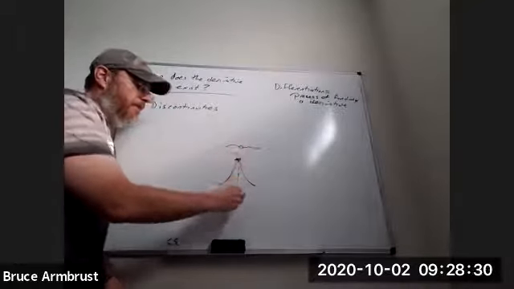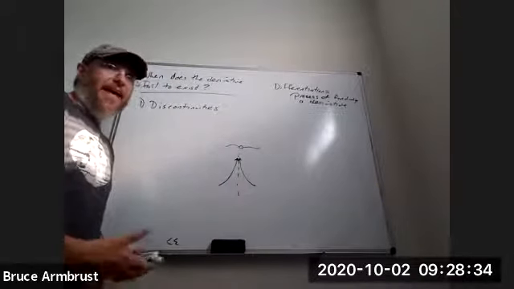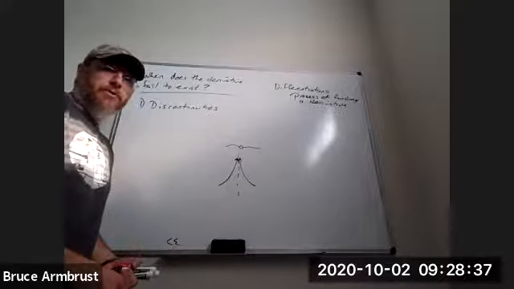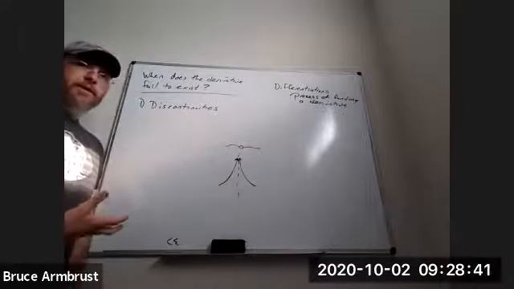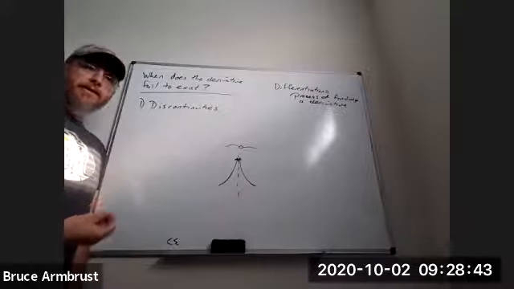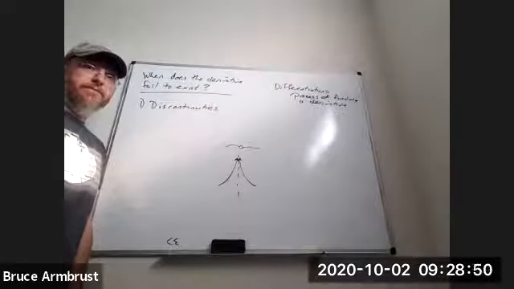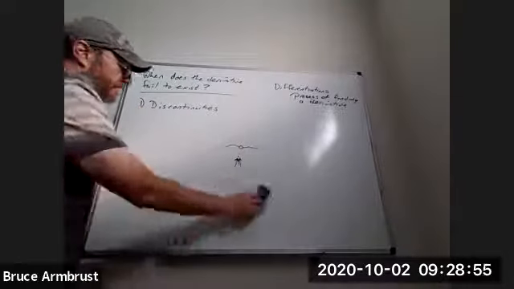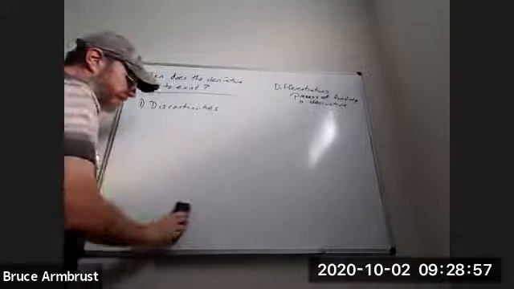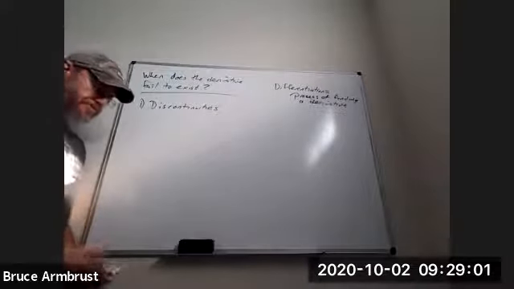Because there is no point at this asymptote, so trying to find the slope at that point is impossible. Okay, so that's the first problem with differentiation: if you ever have a discontinuity, you're not going to be able to differentiate. The function's not differentiable there. Okay, so continuity. It's got to be continuous for a function to be differentiable.